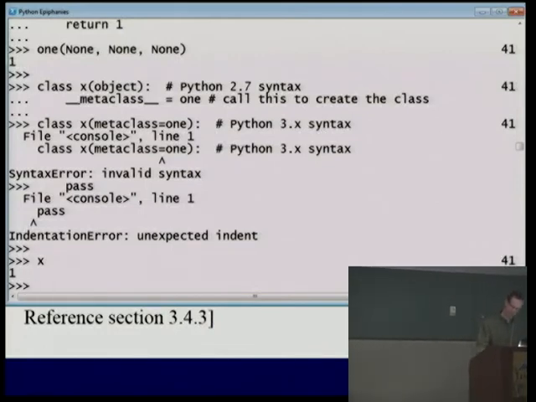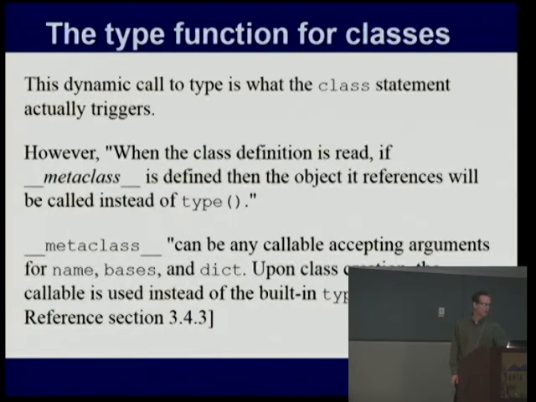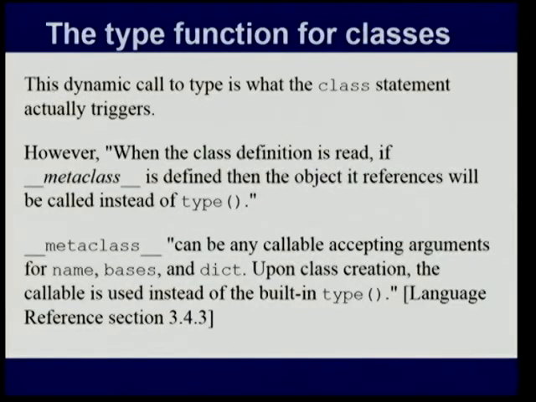I think I have a mistake here. Oh, no, I don't. This is exactly what I wanted. Sorry, I was getting confused about instances and classes, right? So what the slide said is, if meta class is defined, the object it references will be called instead of type to create the class, right?